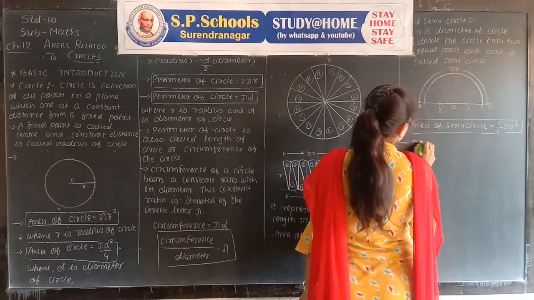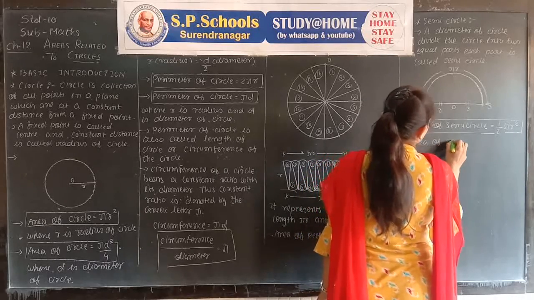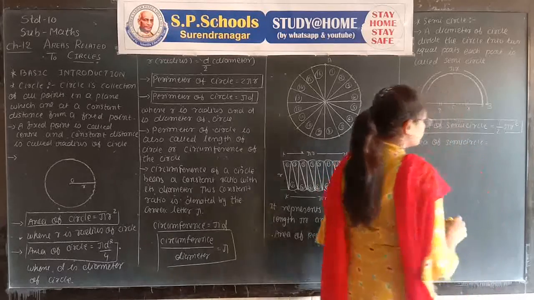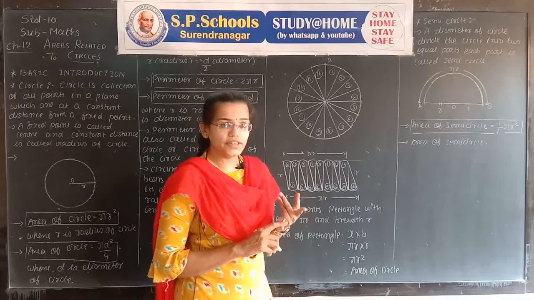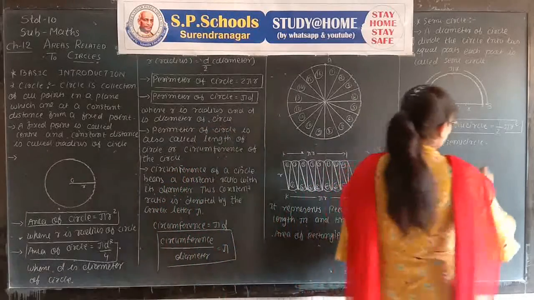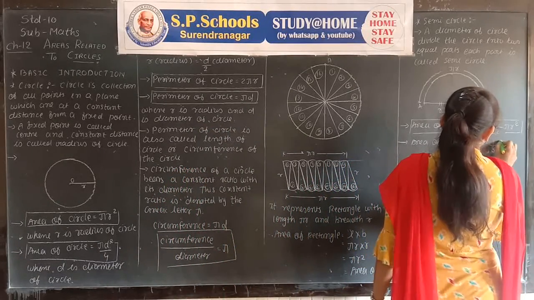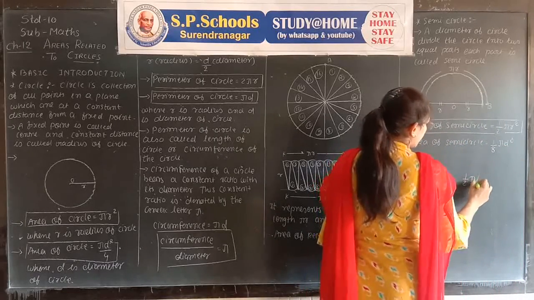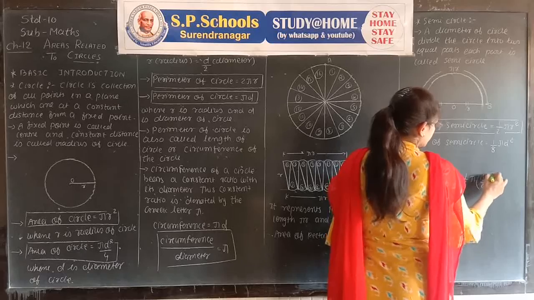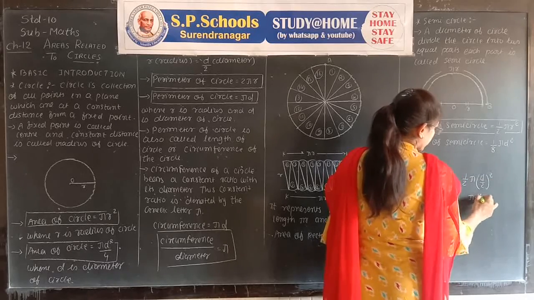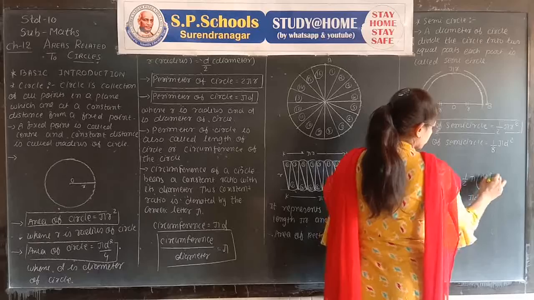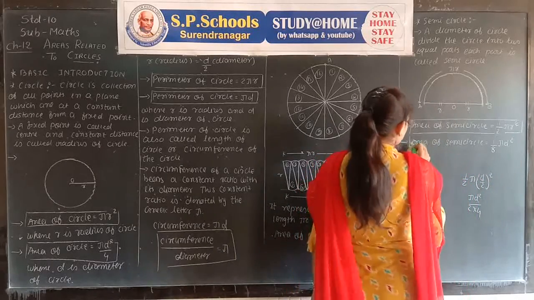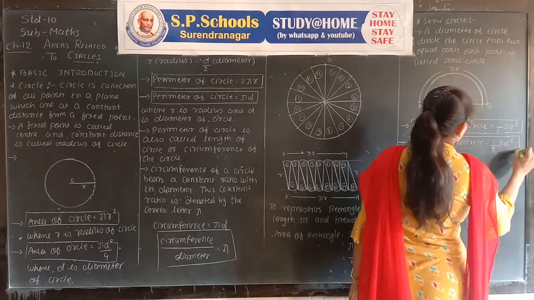And second, area of semicircle, replacing r with the diameter, means d upon 2, is 1/8 pi d square. How is it obtained? 1/2 pi, instead of r, d upon 2 whole square, pi d square upon 2 times 2 square, which is 4. So that is pi d square upon 8. It is the second formula.